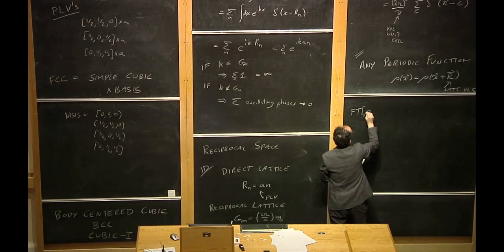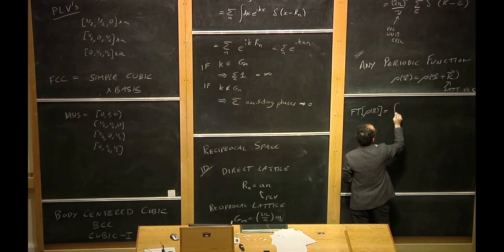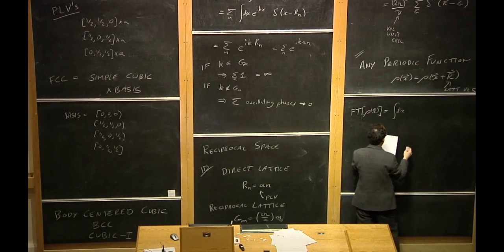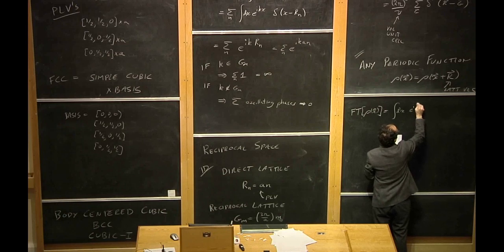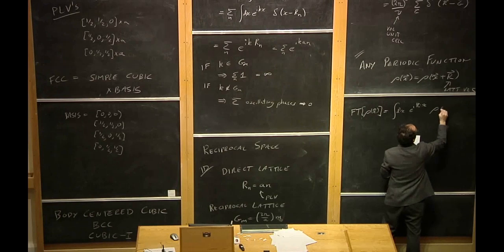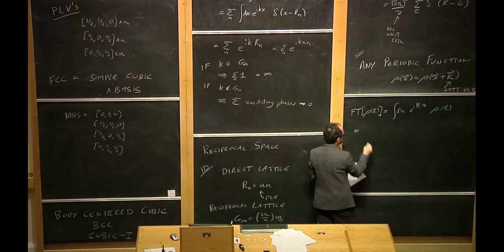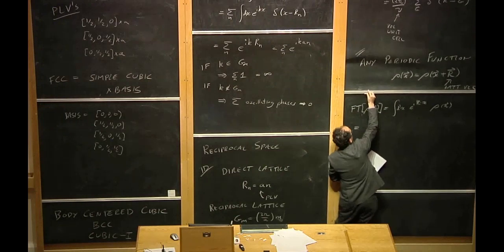Now let's take the Fourier transform of this function. The Fourier transform of rho of x equals the integral d3x of e to the i k dot x rho of x, an integral over all space. Now, we're going to do a little bit of a trick. This is a useful trick that will probably come back to haunt you at some point.